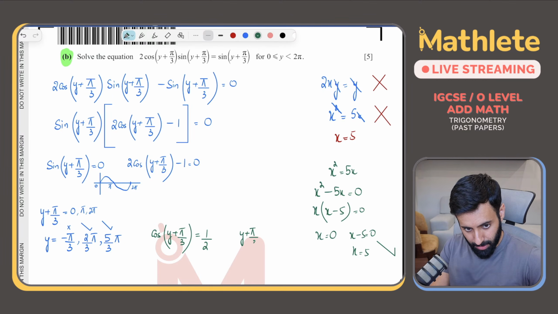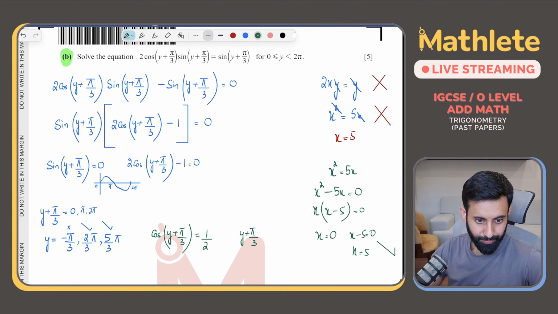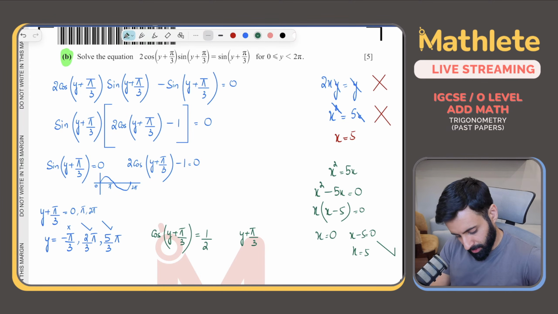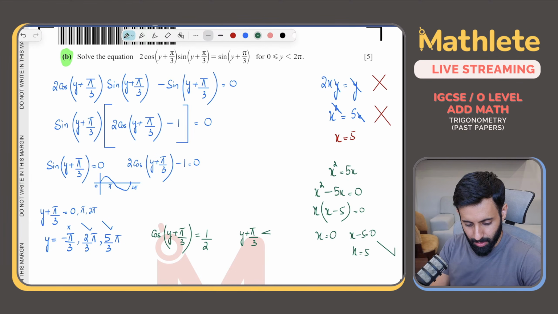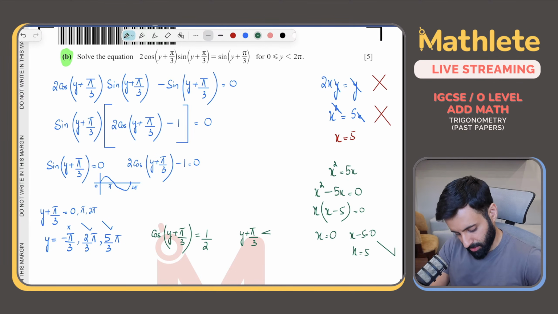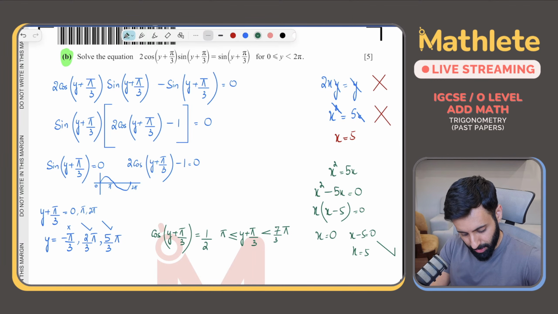So y plus pi upon 3, 2 plus 1 upon 3, that's equal to 7 upon 3 pi. Okay. Be careful over here, the range is a bit tricky, so this will be pi upon 3.